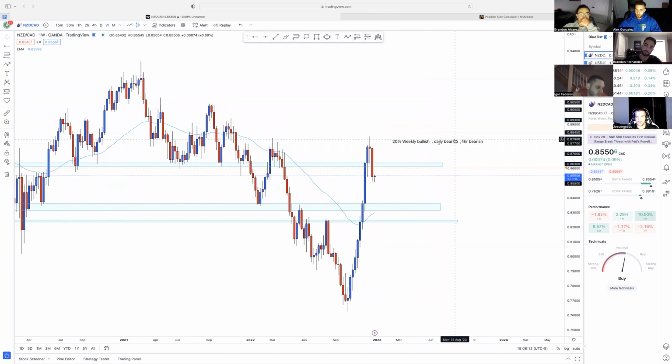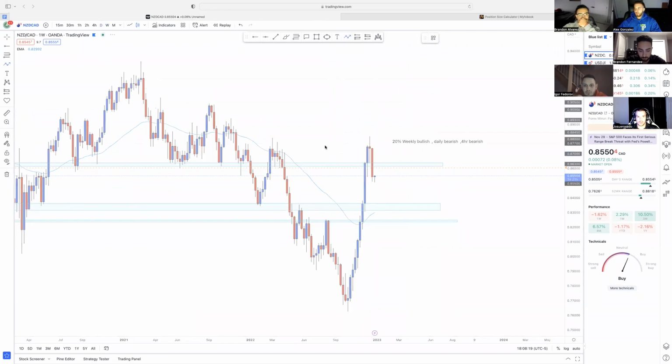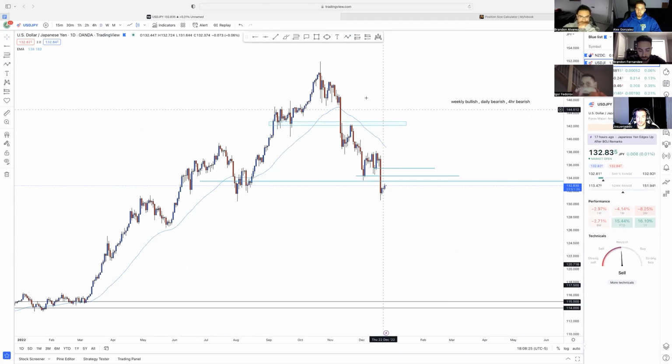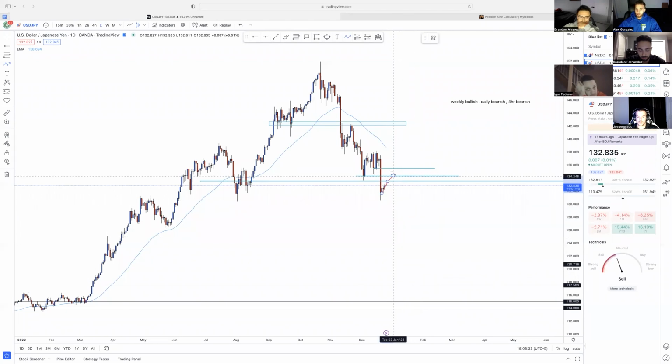Yes, it is a counter trend trade without a doubt, but I feel like it is the closest one to having the sell to the downside. I feel like we can have a little quick retracement to then have the push down. USD JPY, kind of the same thing. We can either come into here and reject from here, or not come into here and reject from here.